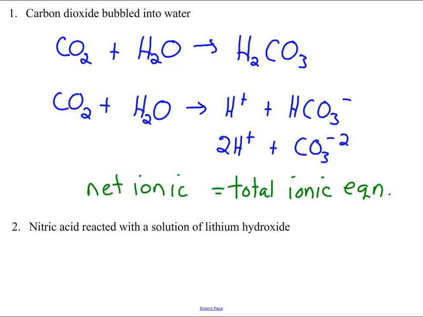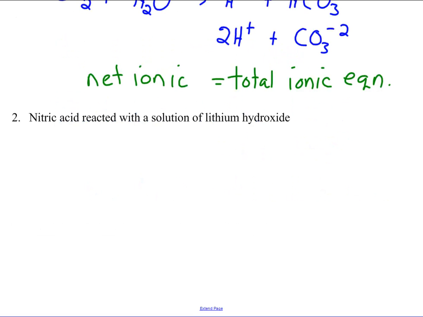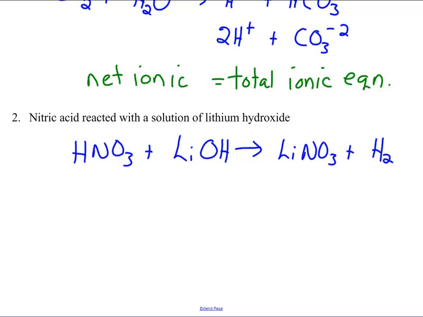My next reaction, I'm going to look at nitric acid reacting with a solution of lithium hydroxide. So we're going to start out by writing our formula, balanced equation. So here's nitric acid plus lithium hydroxide. This is a neutralization reaction, so I'm going to get lithium nitrate and water. Next step, write out the total ionic equation.